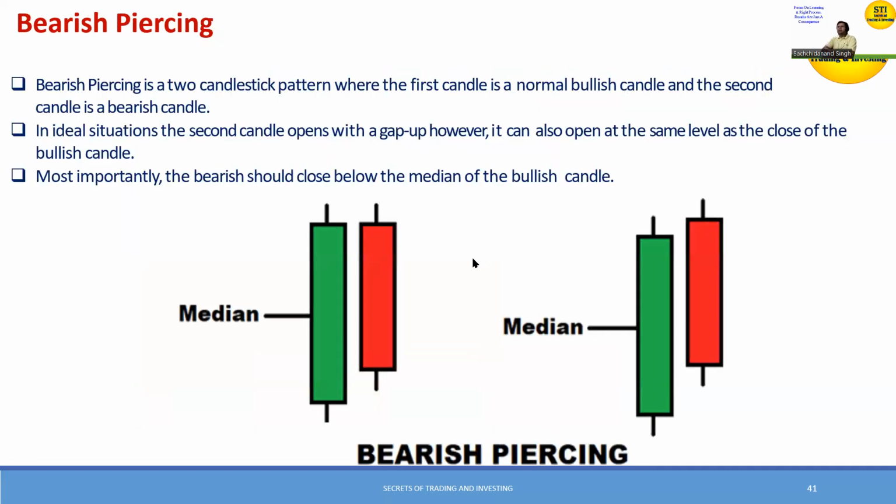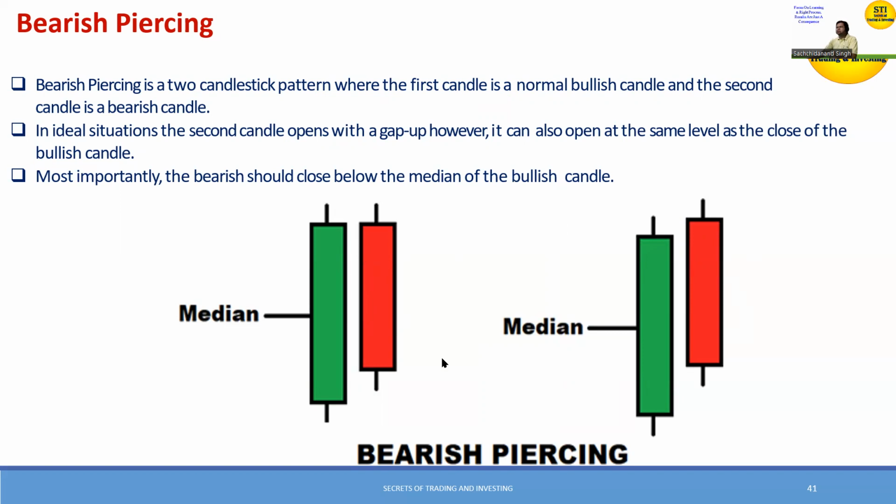Similar to the bullish piercing, there is a bearish piercing, which is again a two candlestick pattern. The first candle will be green, the second candle will be red, and the second candle may start at the same level as the first one or with a little bit of gap up. But the most important thing is it should close below the median of the first candle.